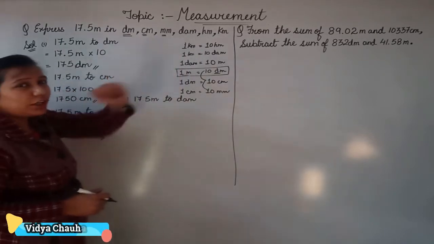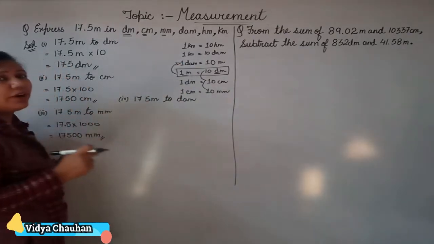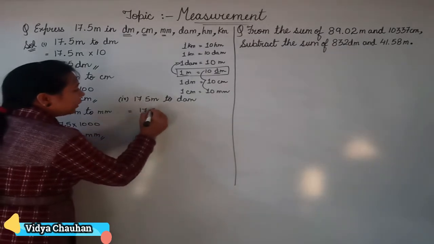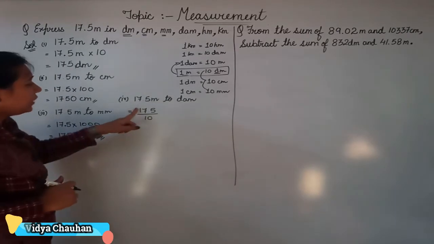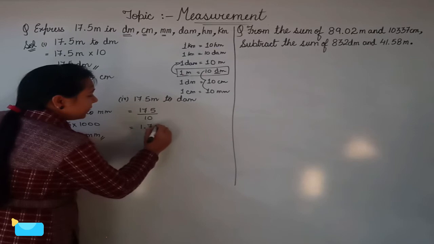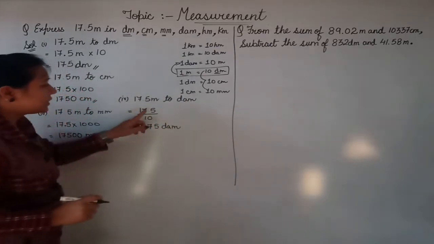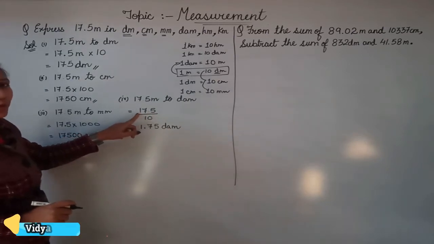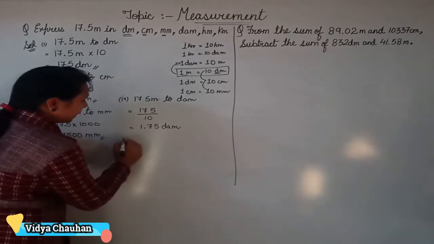And if it is smaller unit to bigger unit and only one step is there, it will be divide by 10. So that will be 17.5 divided by 10. When you divide this by 10, you will get 1.75 decameter, because your decimal will shift one step towards the left, because there is only one 0 in the denominator. Clear, students?